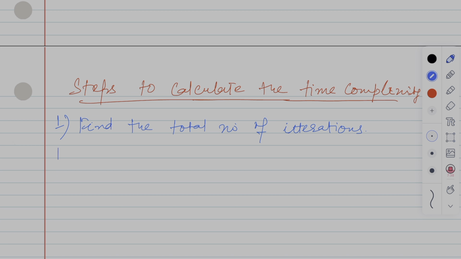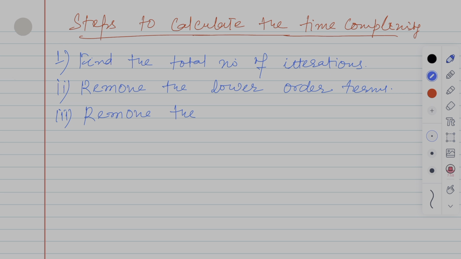Second is remove the lower order terms. And third is remove the constant coefficient. Okay. So why we do this, I will be explaining through an example.